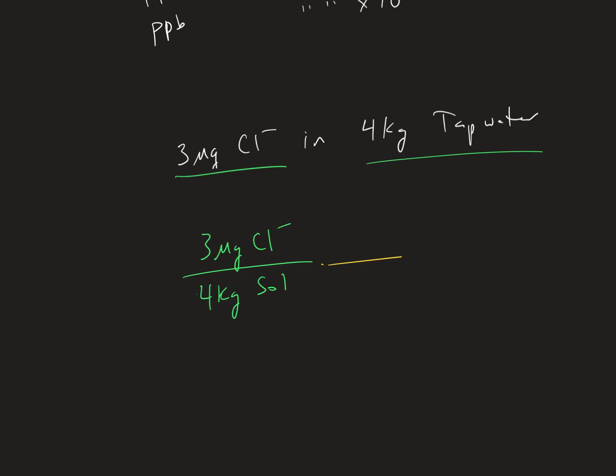So 1 million micrograms is the same as 1 gram. And 1 kilogram is the same as 1,000 grams. And all of our units should cancel. So what are we going to multiply? Is it going to be parts per million or parts per billion?